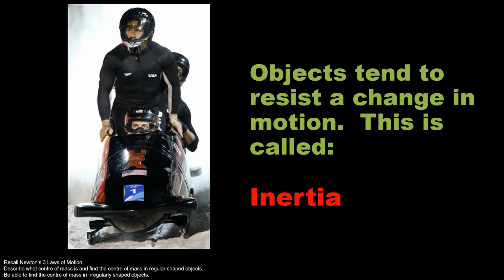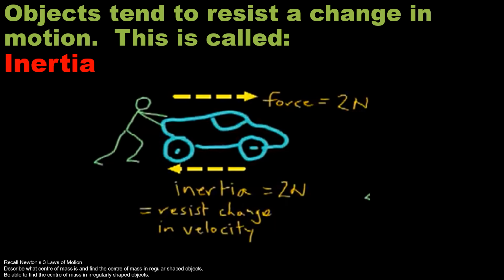Objects also tend to resist a change in motion, and this is called inertia. So this is something that I haven't introduced before, but you will know it now. So objects resist a change in motion, and it is called inertia. So for example, this person is pushing with 2 newtons of force, and the inertia is 2 newtons of force.